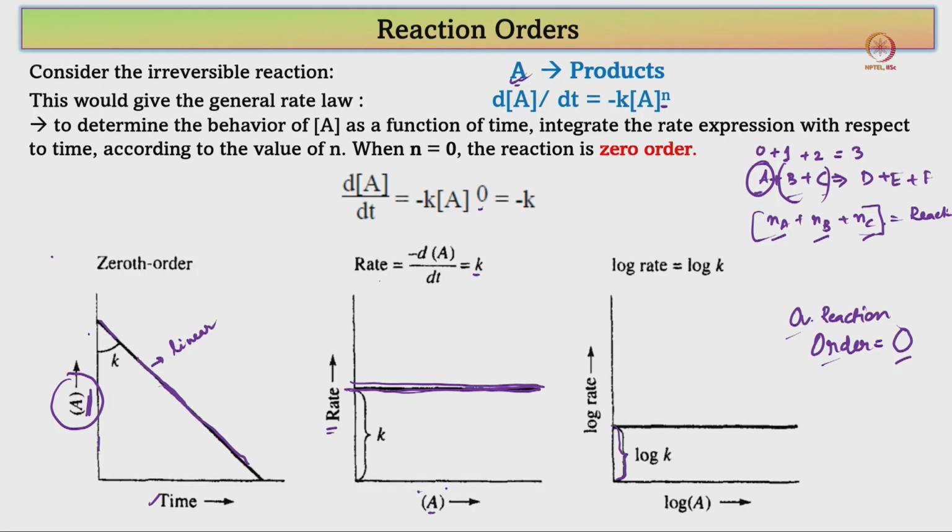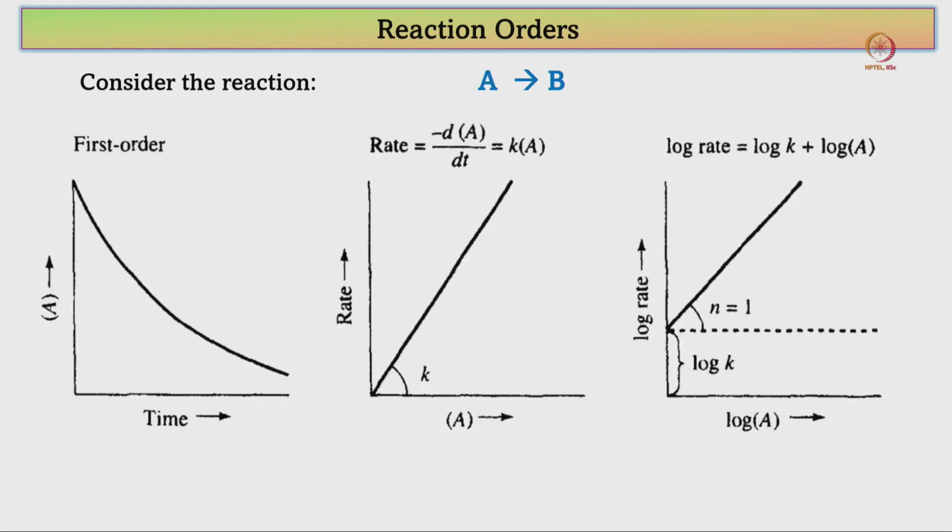Now, let us move on to another kind of reaction where my A is producing B. If I plot the concentration of A with time, it is showing a curve.